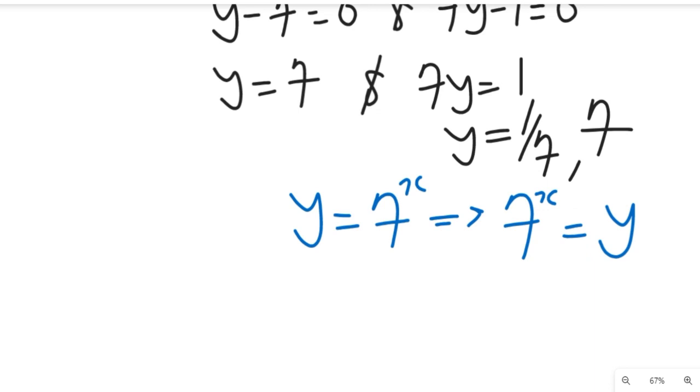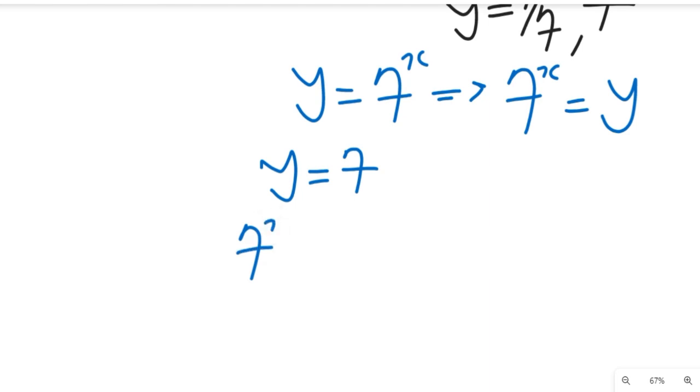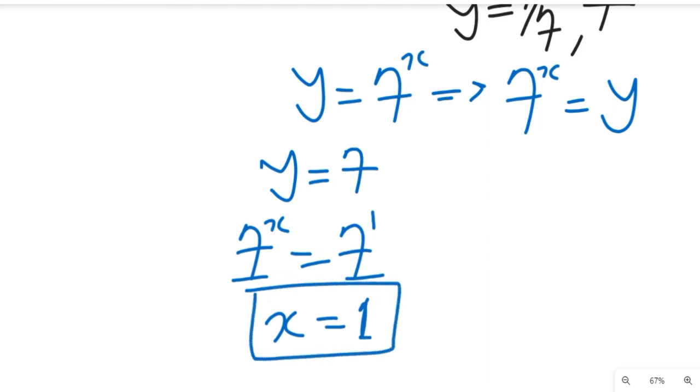So if we let, in the first instance, our y be equal to 7, because we have two values for y, that will give us 7^x equal to 7 to the power of 1, right? Since they have same base, our x over here will be equal to 1. So the value of that exponential equation, one of the results is 1.